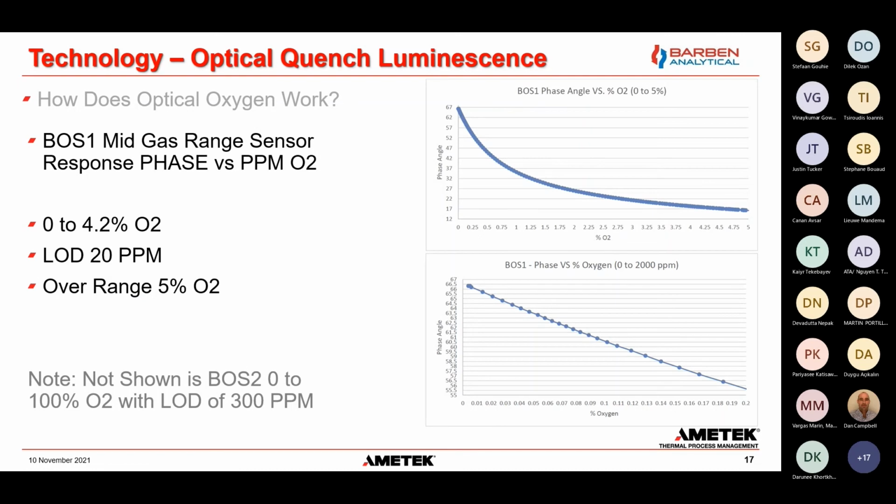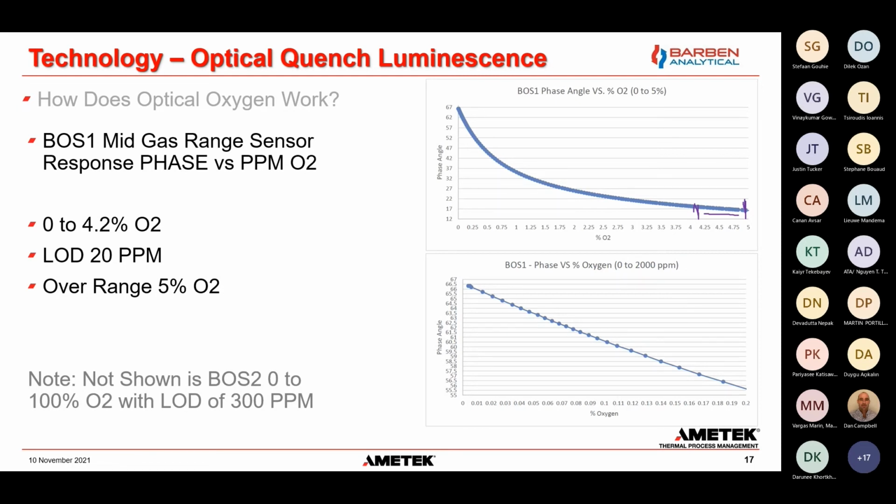A BOS1 mid-range sensor. This shows the response here. Our published range on this one is 0 to 4.2%, and we do an overrange to 5%. Again, pretty good resolution over the published range of accuracy, and then decent follow from the 4.2 to 5.